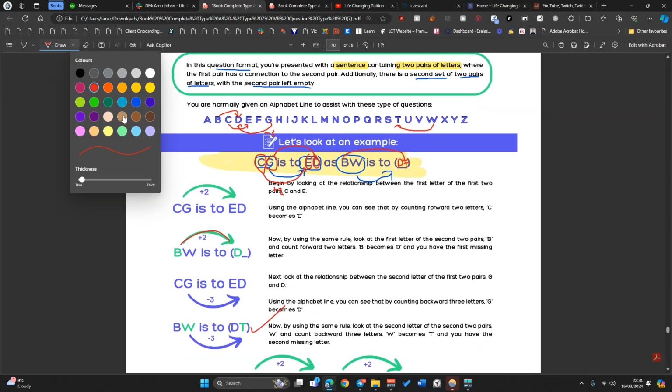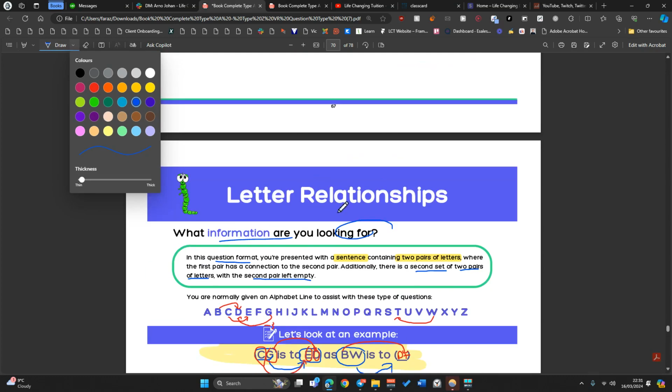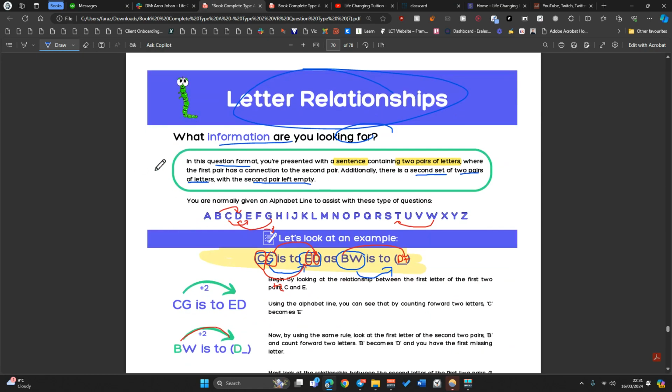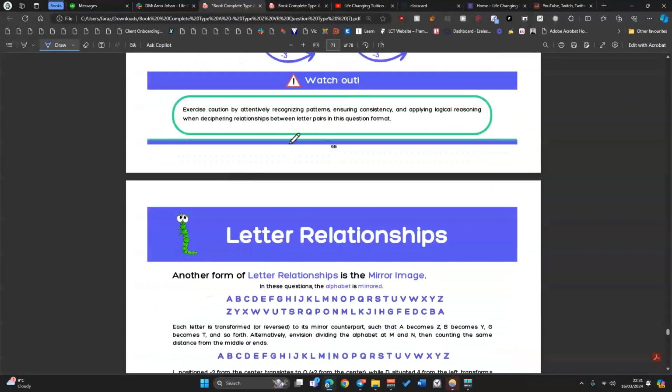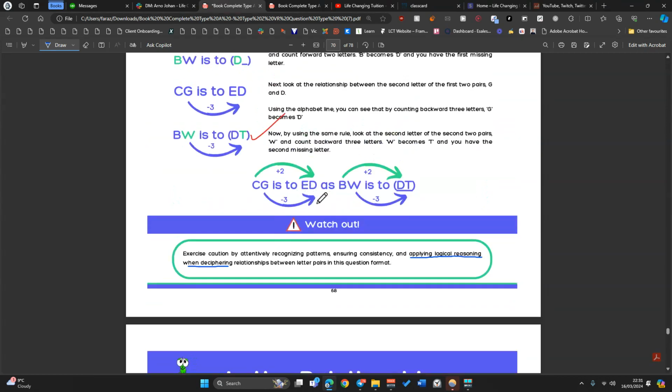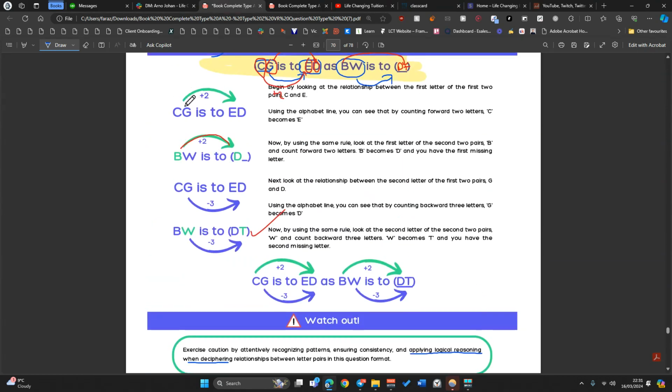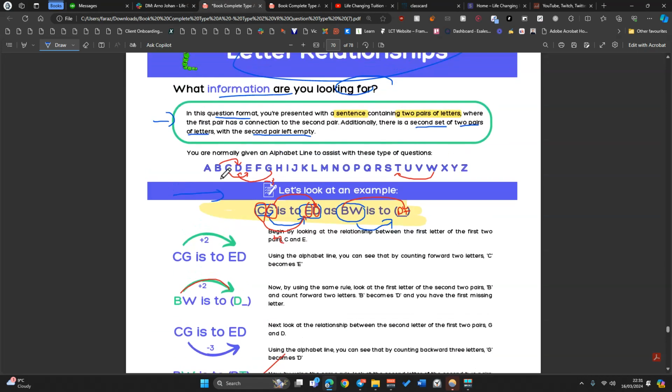So it's a pretty simple question type. Again, none of these will actually have this sort of title here, but what it will have is instructions and an example, and you can always figure out how to do it from that. So let's look at the watch out section. The main thing this says is to make sure you're applying logical reasoning when deciphering relationships, and almost all of the time it will just be how far across the alphabet it is going.